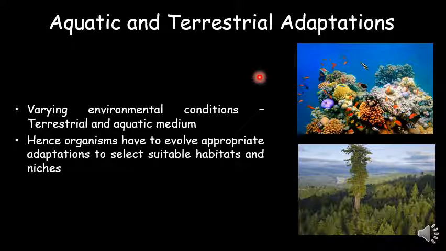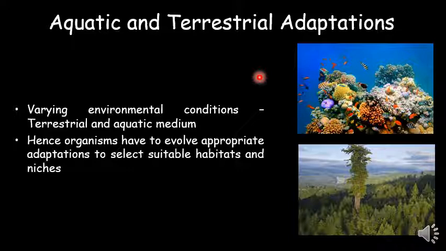Now let's talk about the general adaptations of aquatic and terrestrial animals. So far we have seen the three types of adaptations in animals, right? Structural, which is related to the structure of an animal, which can be internal or external.